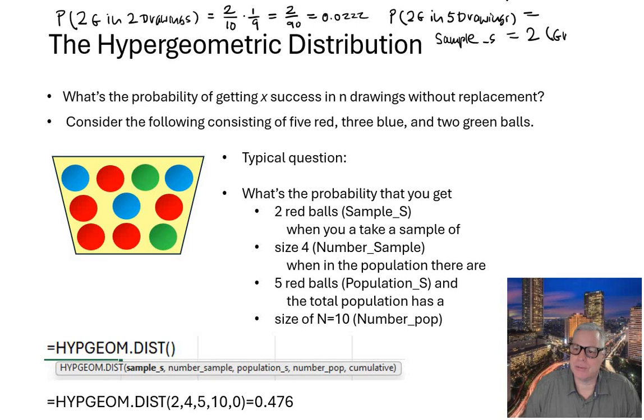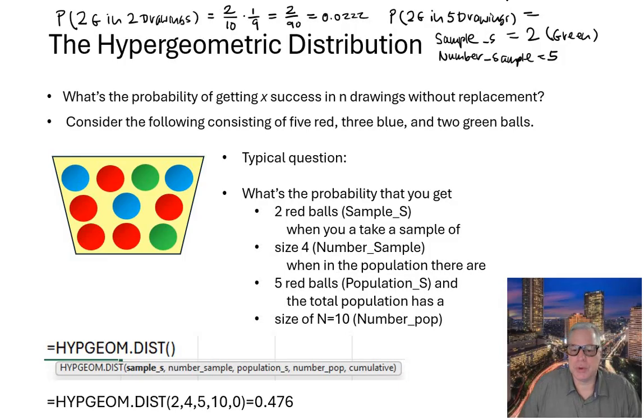Then Excel wants to know, what's the number sample? Well, that would be the 5 drawings. Number sample may be a weird name, but it is essentially the sample size, the number of drawings. So let's say 5.